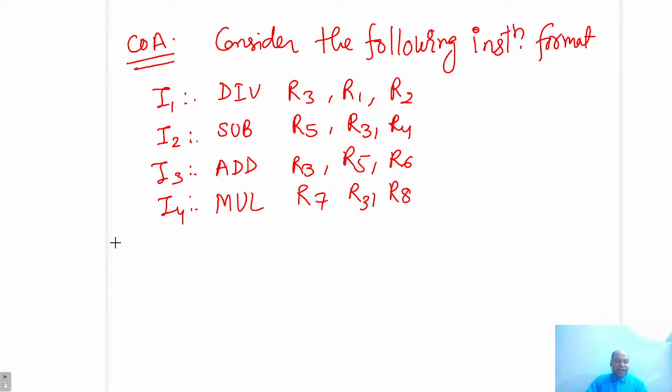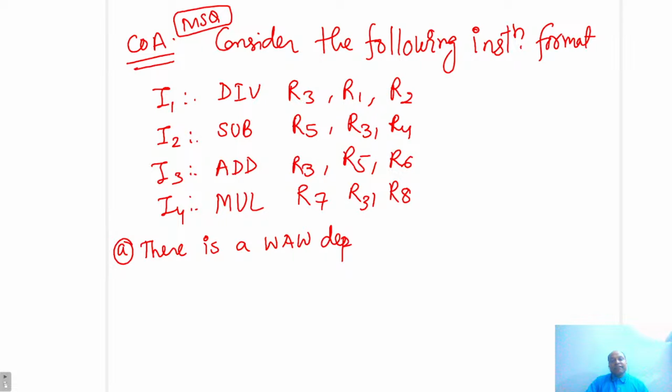Now options are there. So the question says which of the following is/are correct. So this particular question is of type MSQ. Okay. So option A says that there is a write after write dependency on R3 between I3 and I4.